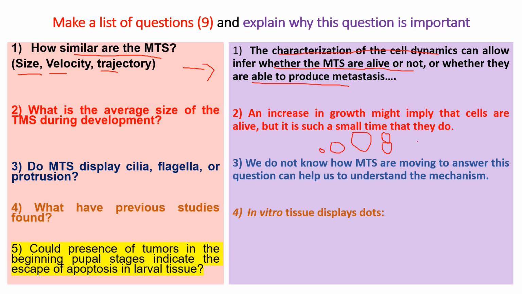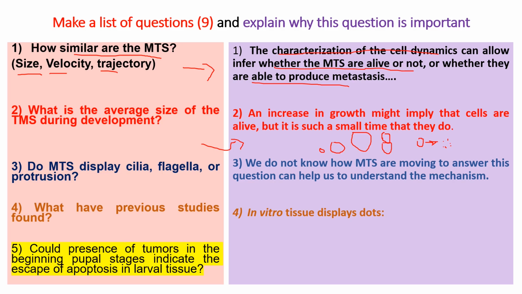Or maybe if you see them start breaking into small pieces, you can look into the literature and say, oh, maybe this is a characteristic of apoptosis. So what I want is that you ask questions and explain why you think those questions are important. You don't have to write 20 pages, just an outline, so we can discuss.